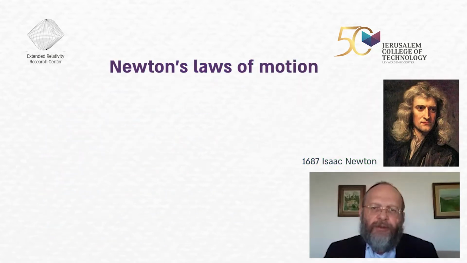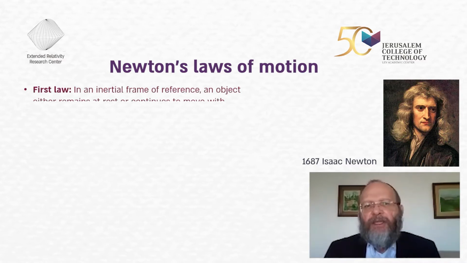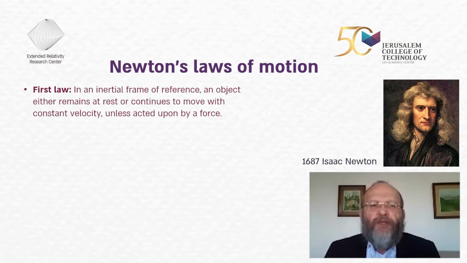Newton's laws of motion. The first law, which we already mentioned, is a different formulation of it: in an inertial frame of reference, an object either remains at rest or continues to move with constant velocity unless acted upon by a force.